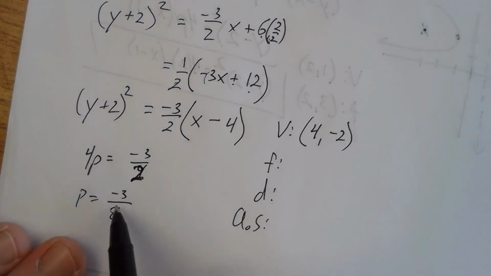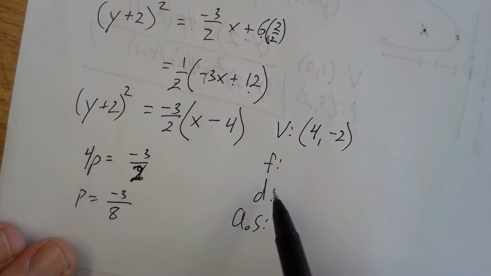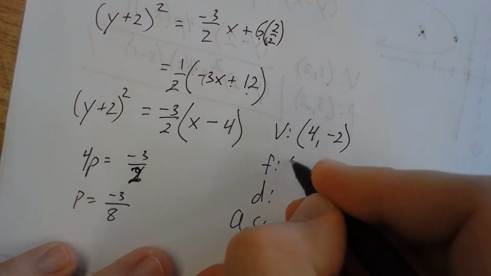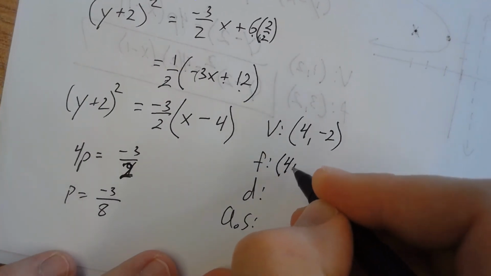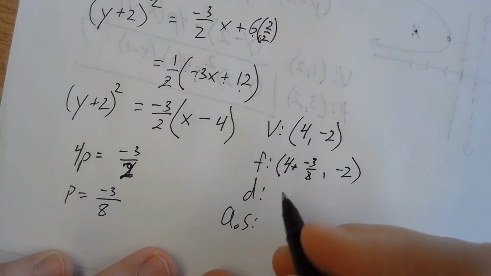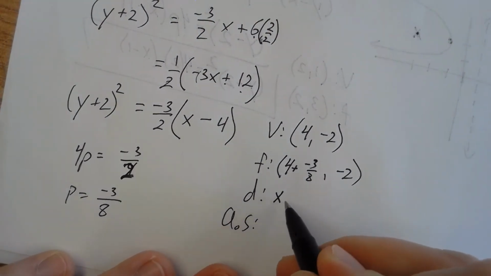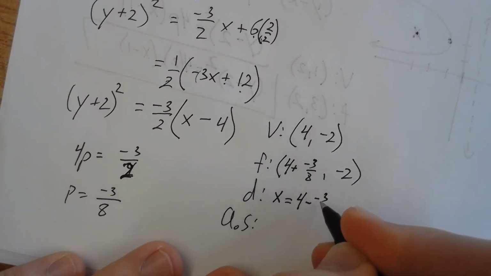Keep in mind that the p value has to be added to the x value for my focus and subtracted from my x value for my directrix. So my x value starts off at 4. I'm going to do it this way first. It's 4 plus the negative 3/8, comma, negative 2, and then the directrix is going to be x equals 4 minus the negative 3/8.